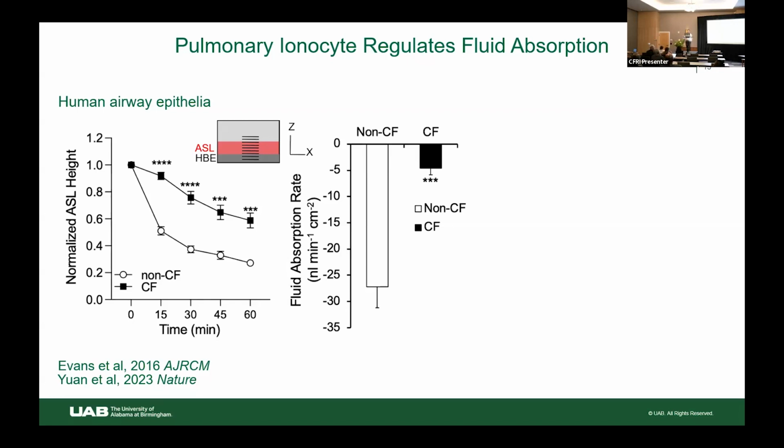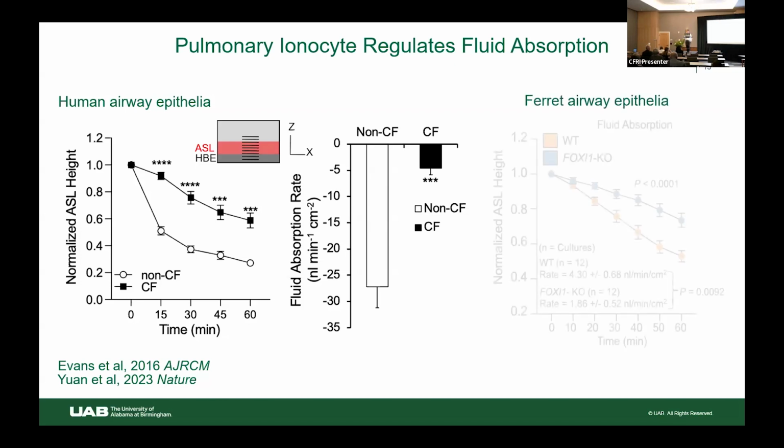So what we can see is that human CF epithelium showed a much slower fluid absorption when you compare to those non-CF human cultures. By quantification, the fluid absorption rate is very significantly reduced in the CF cultures as compared to non-CF.